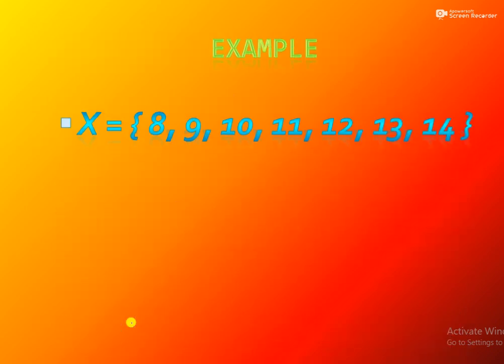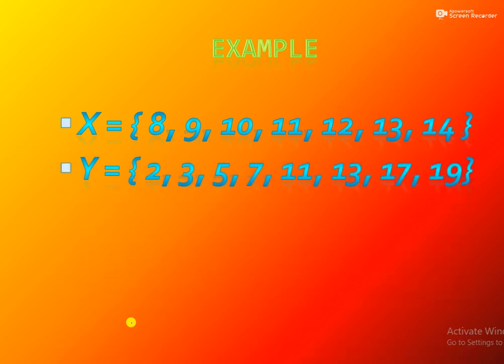Let us see an example. X is the set {8, 9, 10, 11, 12, 13, 14}. Y is the set {2, 3, 5, 7, 11, 13, 17, 19}. We have to find the intersection of X and Y. Let us check.